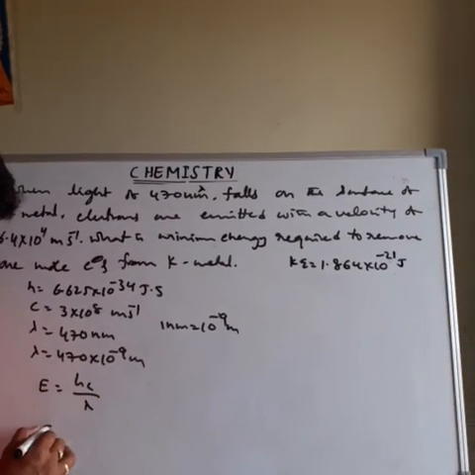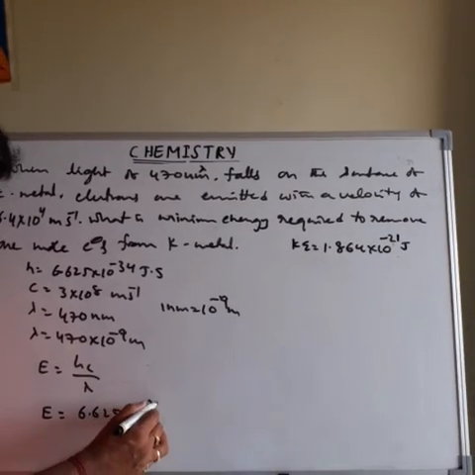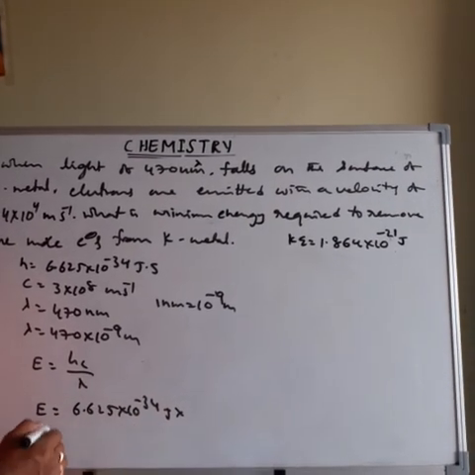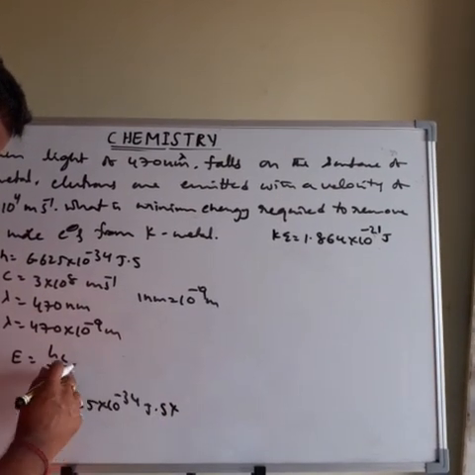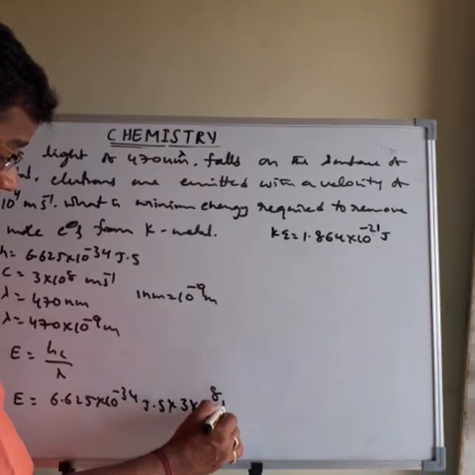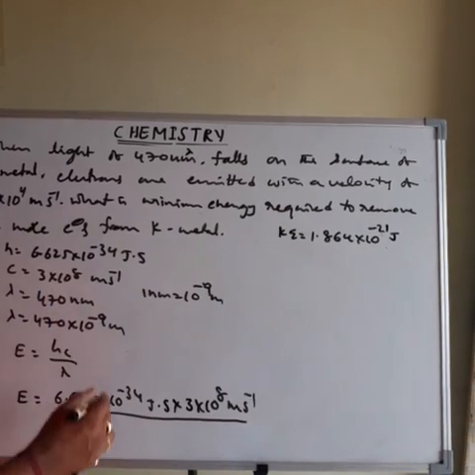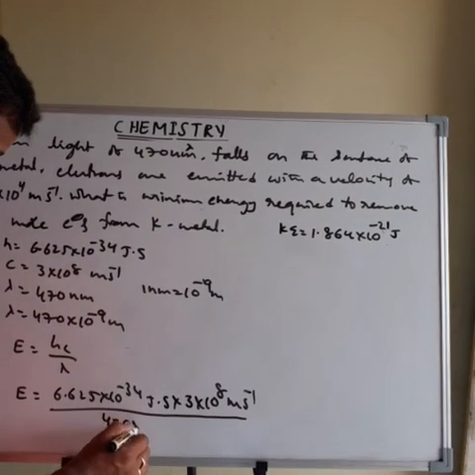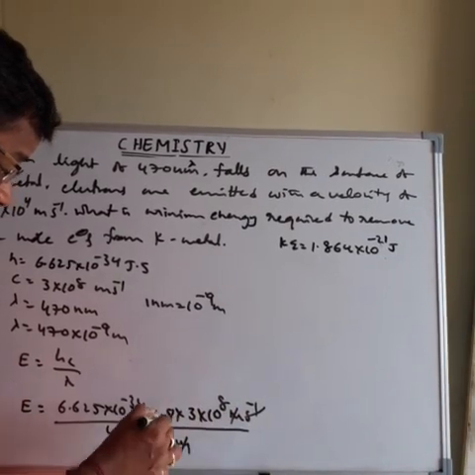Therefore E is equal to 6.625 into 10 power minus 34 joule second into 3 into 10 power 8 meter per second divided by 470 into 10 power minus 9 meter. Seconds cancel.